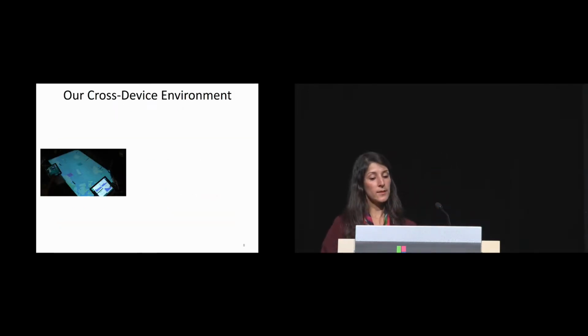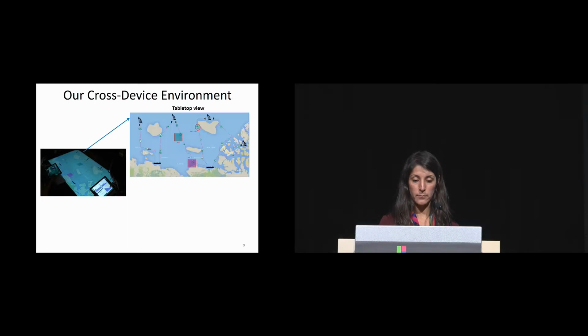In order to investigate our research questions, we designed a cross-device environment to support collaborative sense-making around a geospatial data set focused on the Canadian Arctic region. We had a shared tabletop display that showed an overview map of the Canadian Arctic with data icons that had geotag data associated with them.